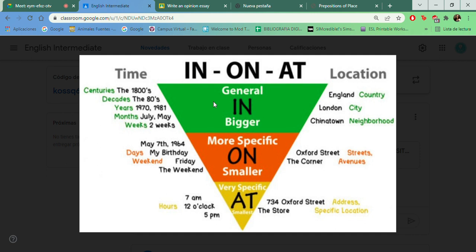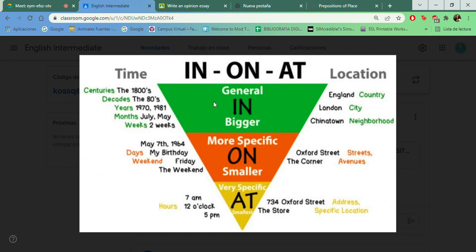That will be from 1980 to 1989. Sorry, 1989. That will be a whole decade, for example, in the 80s. For years, it will be, I was born in 2000, or I was born in 19-whatever.